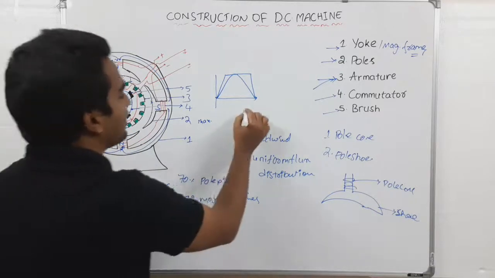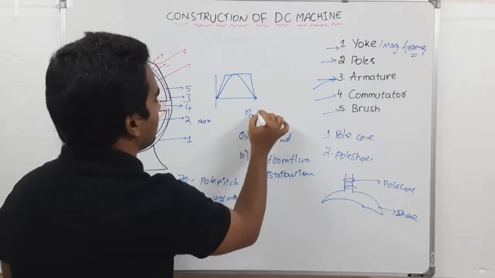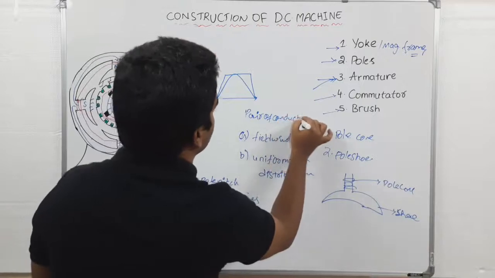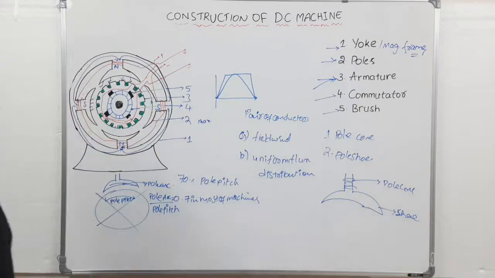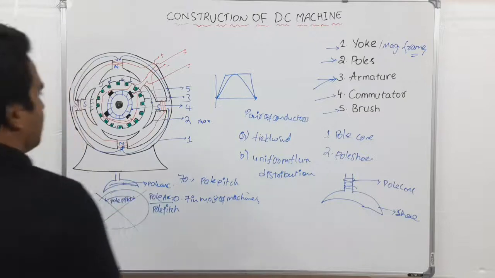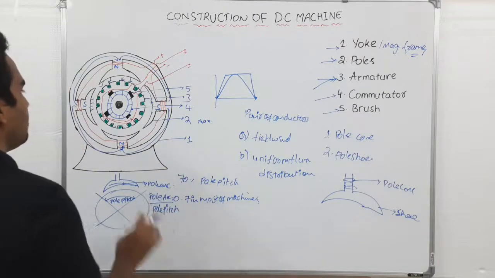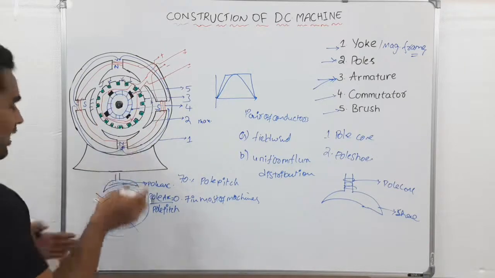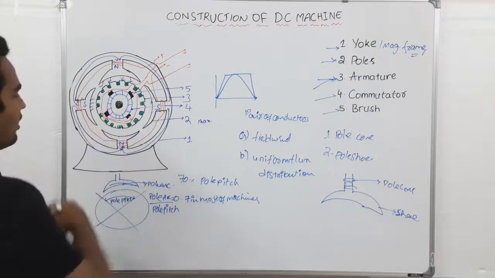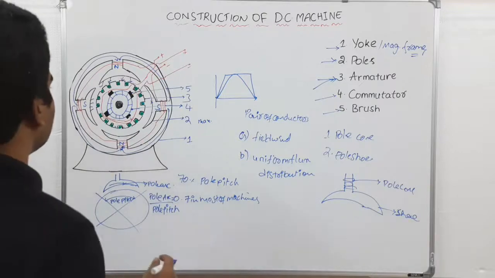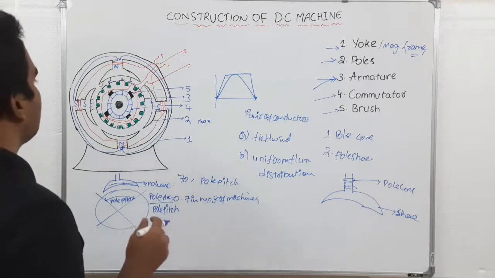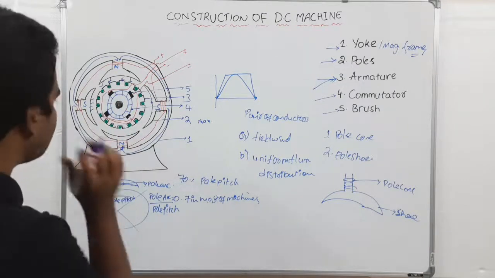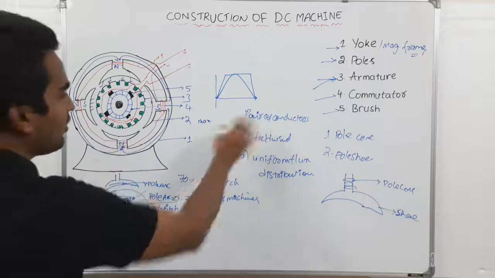A pair of conductors is called a coil, and the number of coils is equal to the number of commutator segments. These commutator segments are laminated with mica to avoid losses.